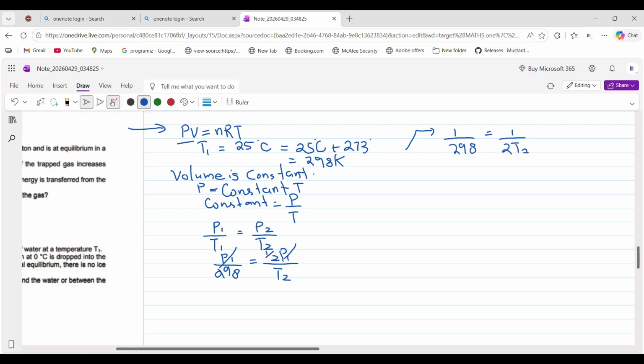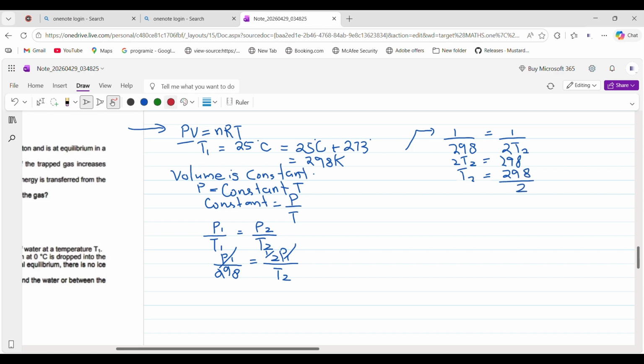So by cross multiplying, 2 T2 is equal to 1 into 298. For finding T2, 2 is multiplying with T2, when it goes there it will be divided, so 298 divided by 2.